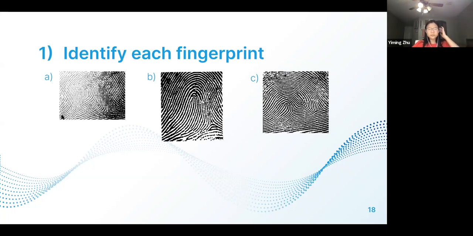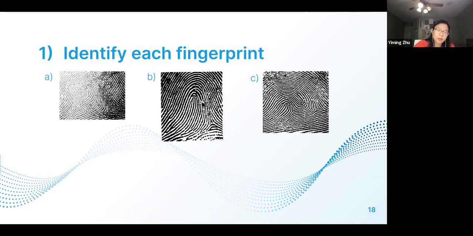And if you want to tell whether it's a loop or a central pocket whorl, you can see that the very center of this is one short line, and then everything goes around it and goes down. And for a loop, it's one long line. So this was a central pocket whorl.